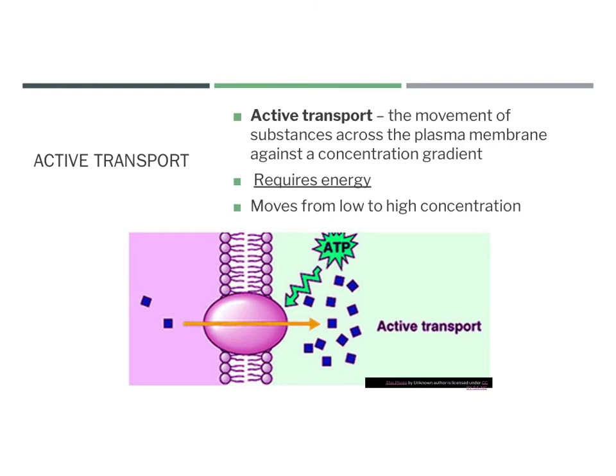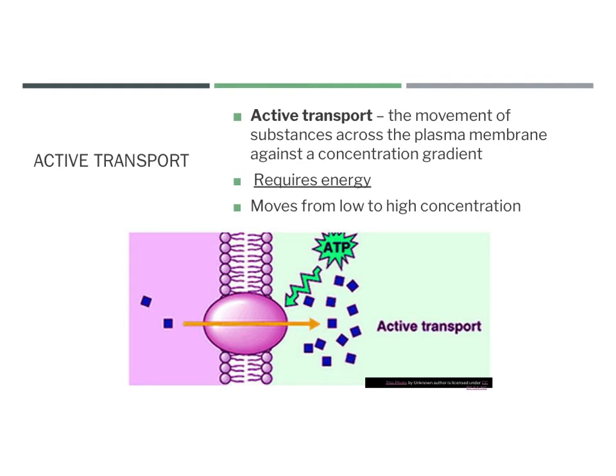So now I want to talk about active transport. Active transport is going to require extra energy, and it's still transport though. So we're still talking about the movement of substances across the plasma membrane.